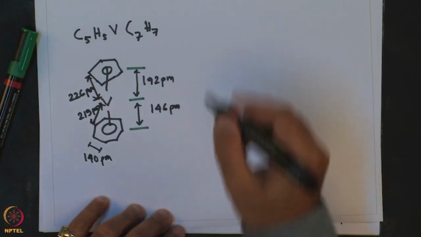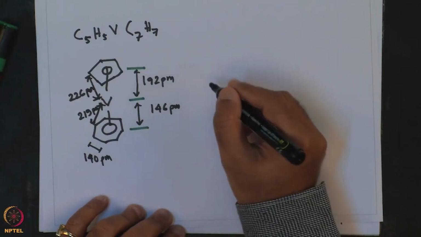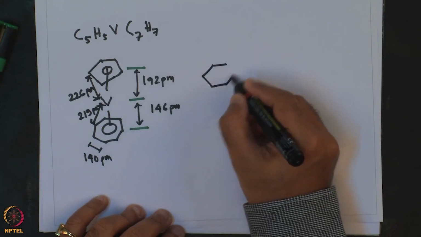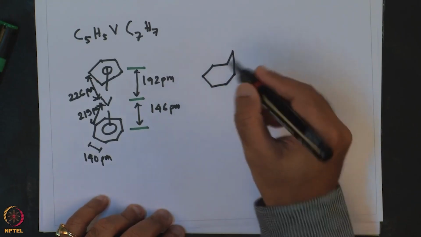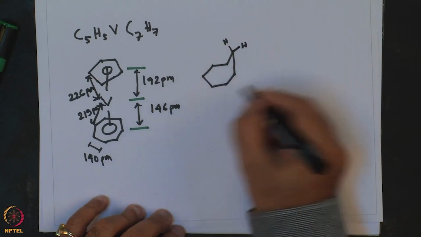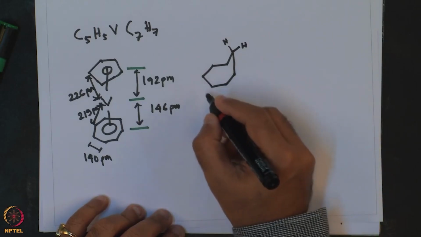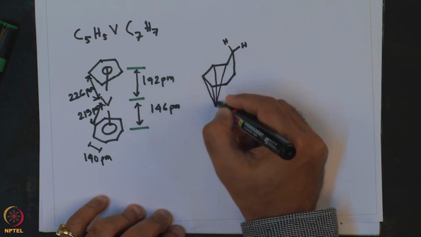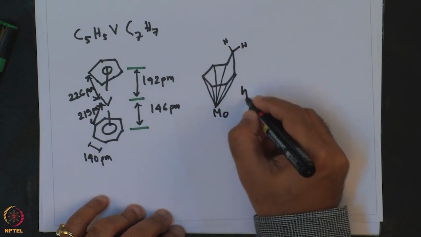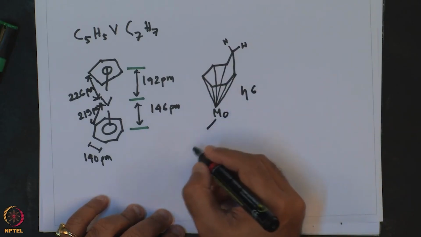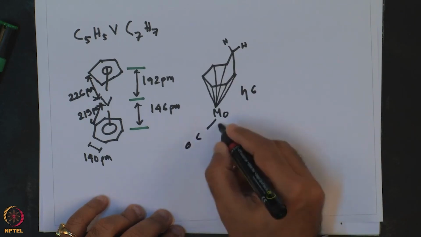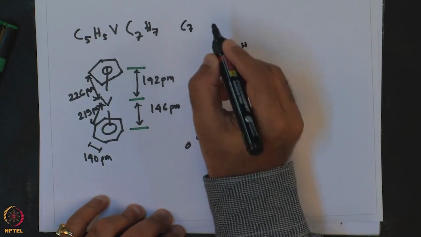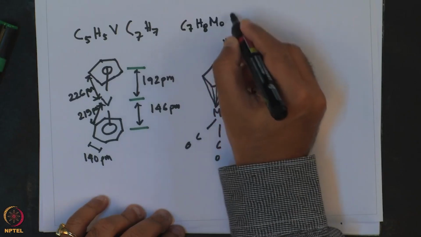There is also an eta 6 bound cycloheptatriene compound as is shown over here, and the X-ray does confirm that one of the carbons is not a part of the planar ring, and one can see that this is bound in an eta 6 fashion to molybdenum carbonyl, and this is C7H8 Mo(CO)3.